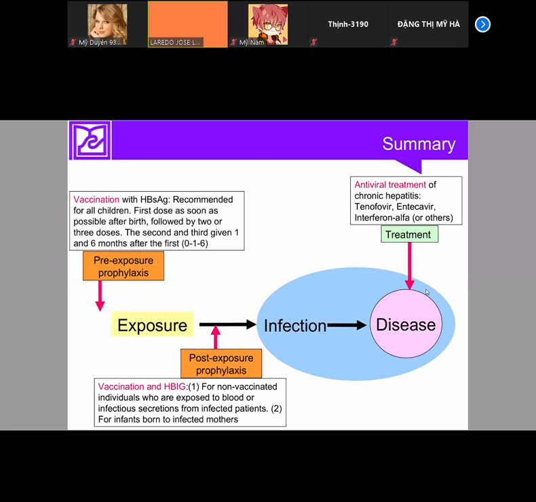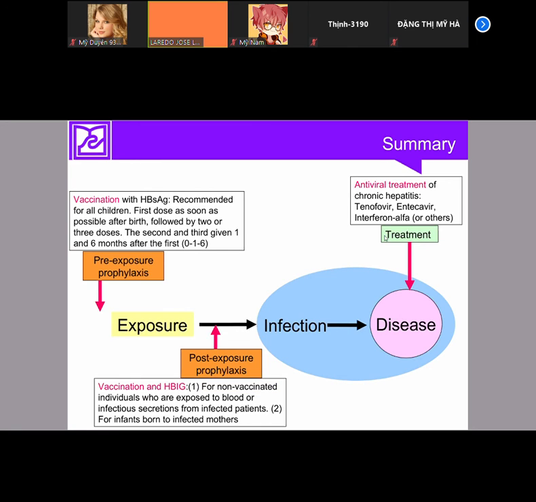In this picture that you already know, we can show a summary of everything we can do to fight hepatitis B. For pre-exposure prophylaxis, we give the vaccine. The antigen that we use for the vaccine is the surface antigen, recommended for all children in 3 doses, as I told you. Post-exposure prophylaxis is also possible. We can do it with the vaccine and with antibodies, for people who were not vaccinated but have been exposed.